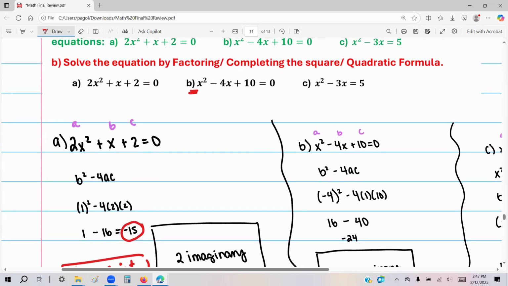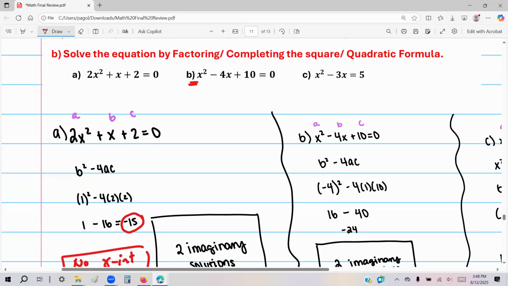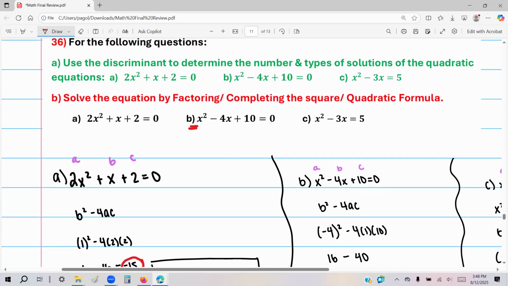So something is wrong. What did she do wrong? b squared minus 4ac. So 1 squared minus 4 times 2 times 2. This is negative. To separate, b squared is negative 4 squared, 4 times 2. Both of them are negative, really?